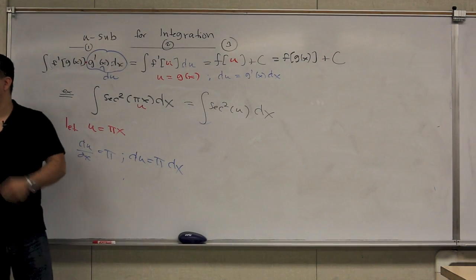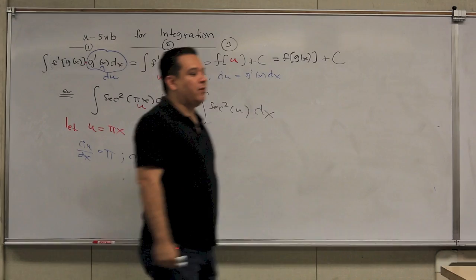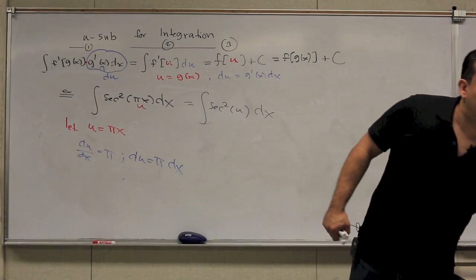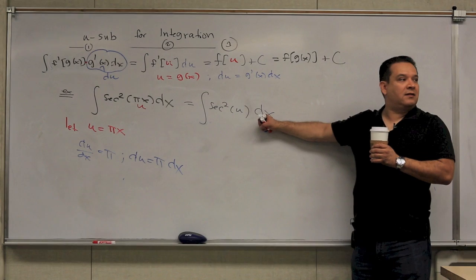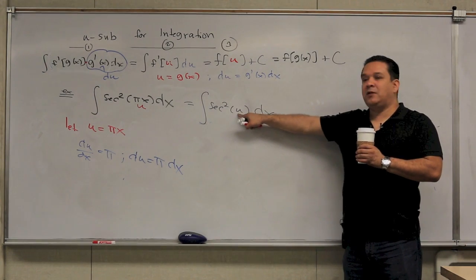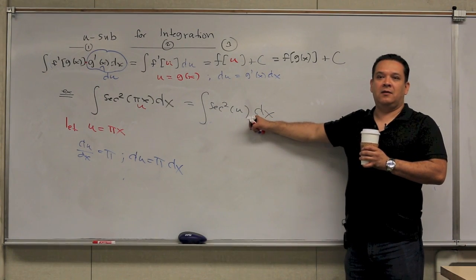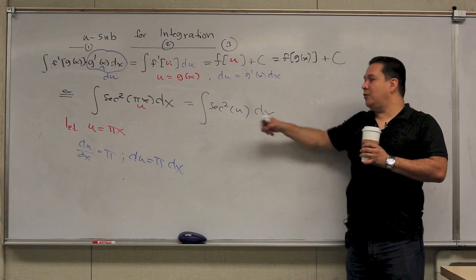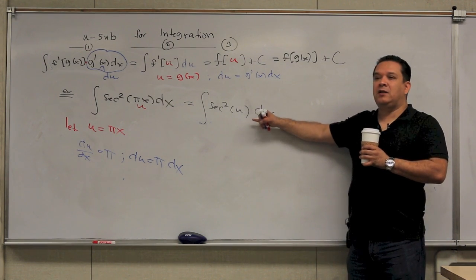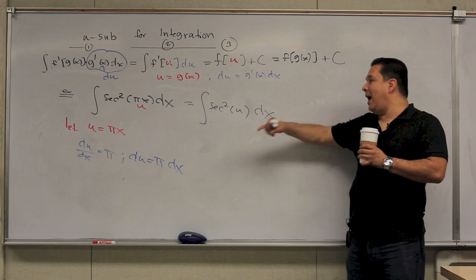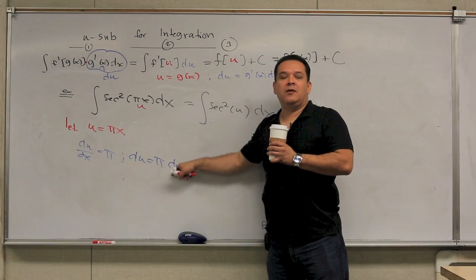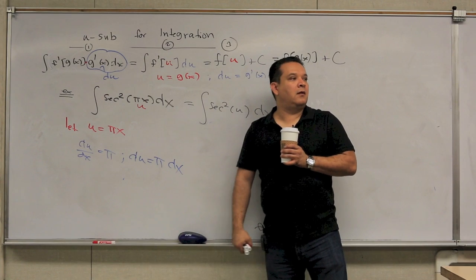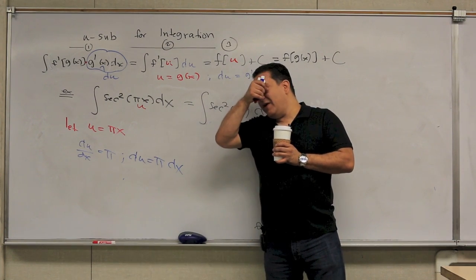Is that true? Does anyone want to tell me what the problem is? Yes. You see this dx? I can't integrate with respect to u if this is a dx. There's no pi dx. I need a pi dx, don't I? And there is none.